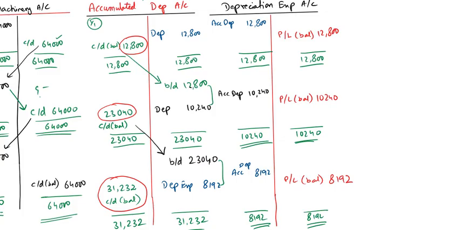At year one, 12,800 will go to the statement of comprehensive income. Year two, this amount will go to the statement of comprehensive income, and year three, this amount will go to the statement of comprehensive income, that is the profit and loss account.